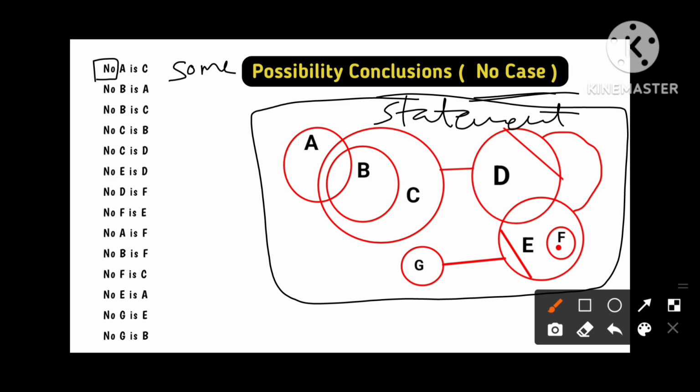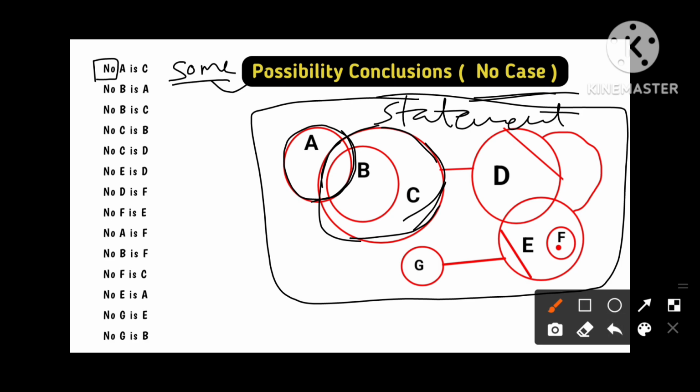No A is C. So we check whether some A can be C or not. Here some part of A is sharing with C. Some case is possible. Some case true means no case will fail. Same as the not or never case: if we check the all case in not or never case and all case is possible, then our conclusion will be false. Same here, but we check the some case. If some case is true, then no case will fail.